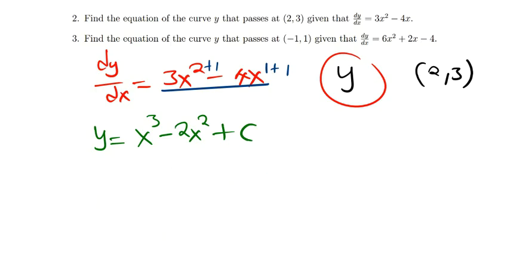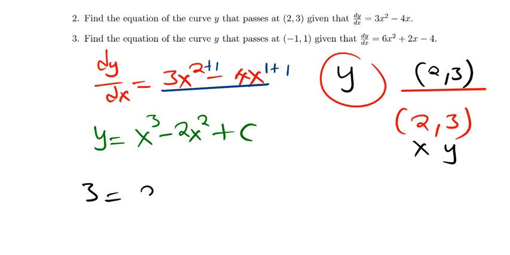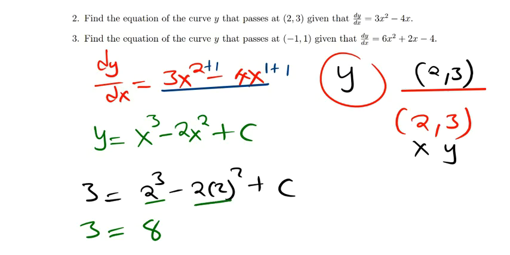Now at this point our goal is to find the constant c. So that is why that point comes in. So we can just substitute our y value is 3 and then our x is 2. So 2 to the power 3 minus 2 times 2 squared plus c. So 3 is equal to 8 minus 8 plus c.